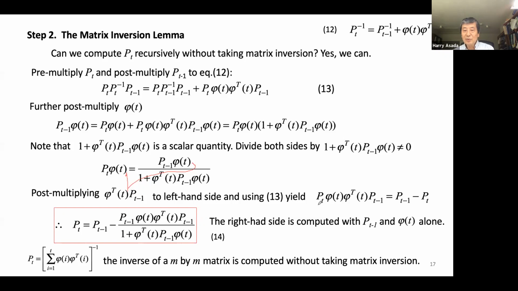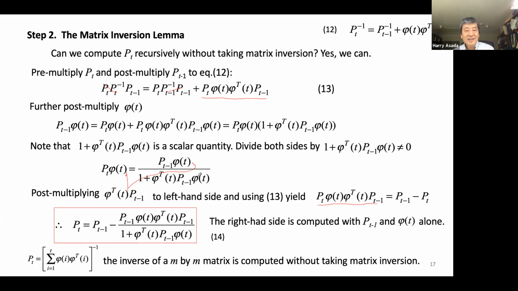We get this expression. We have found this somewhere previously. See this equation 13, this is exactly the same term as this, right? And remember that these two cancel out. So this guy is nothing but PT minus 1 minus PT, right? So the left-hand side, this guy, is replaced by PT minus 1, and moving the PT minus 1 the other direction, you get this expression.